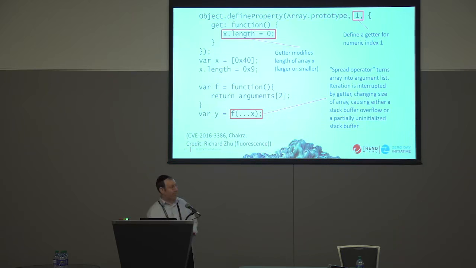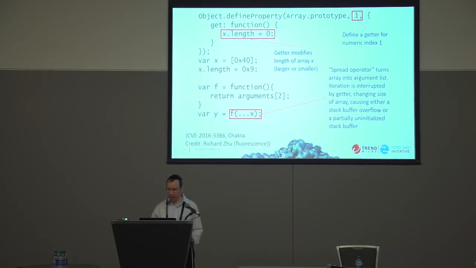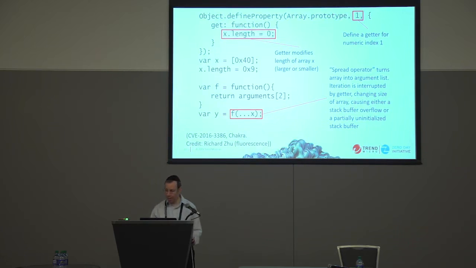But as you see at the top, the attacker has defined a get method for index 1. So when index 1 gets read, that script at the top runs, and when that runs, it changes the length of the array, making it either larger or smaller.